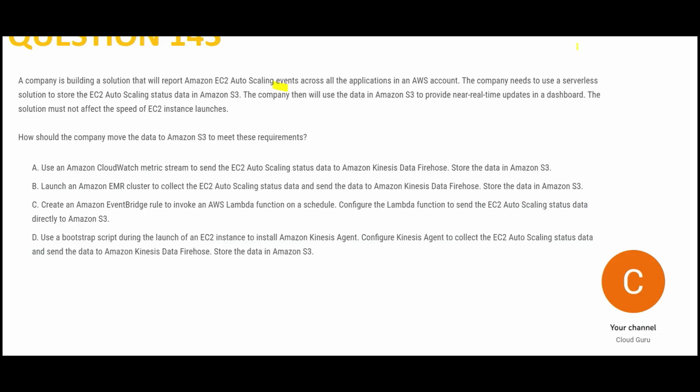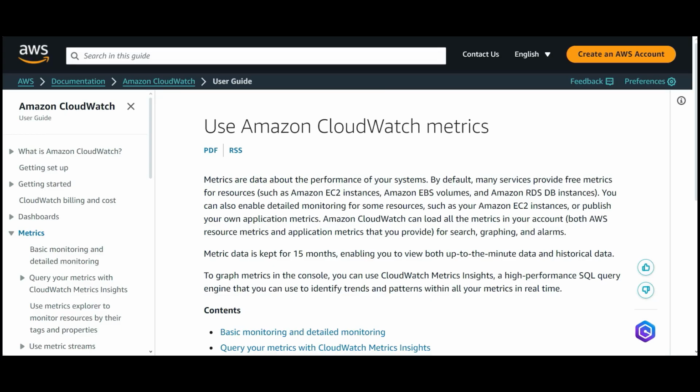So what the question is saying is, whenever scale up and scale down happens, I need to know about it. You need to report it. That means you will have to maintain that kind of logs somewhere. So CloudWatch metrics will help you with this. You can set some metrics, for example, CPU.